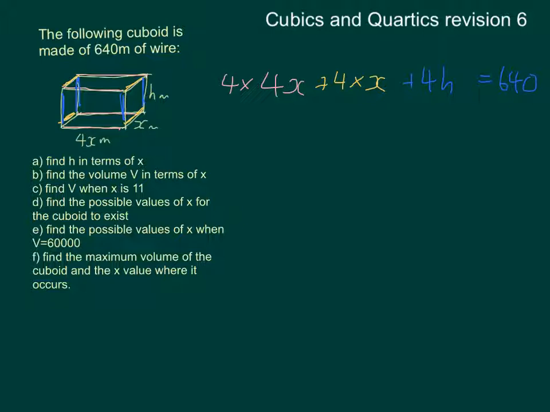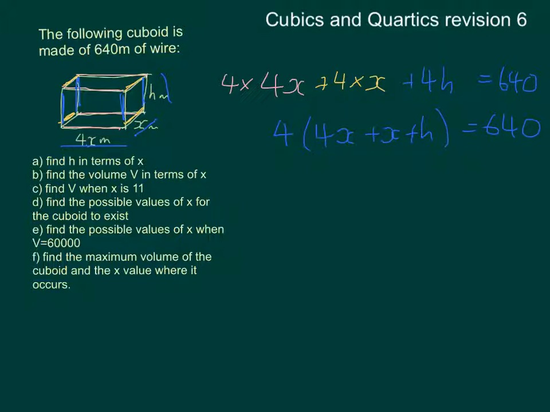Okay, so I'm just going to rewrite that slightly differently. For each of these dimensions, so you've got the 4x along here, the x along here, and the h along here, there's 4 lots of all of those, as I just demonstrated. So the way I initially did it was 4 lots of 4x plus x plus h is equal to 640.